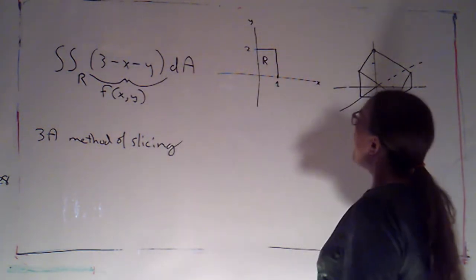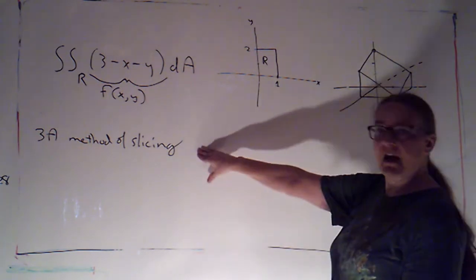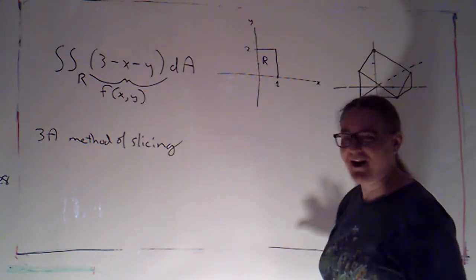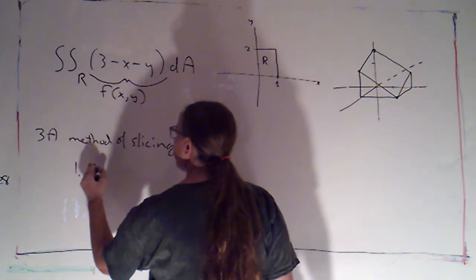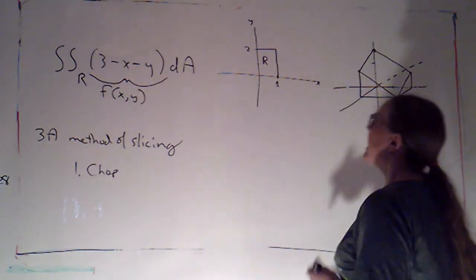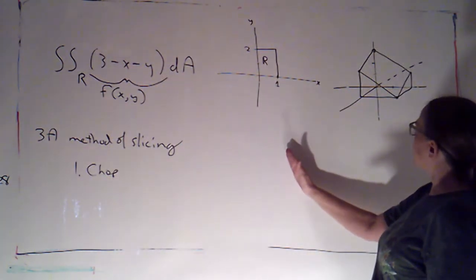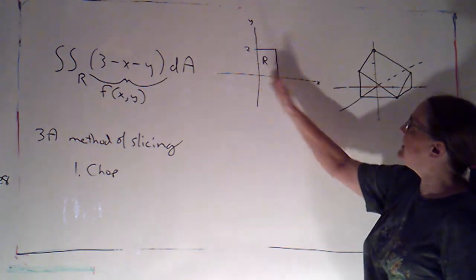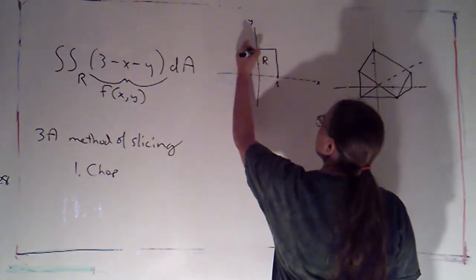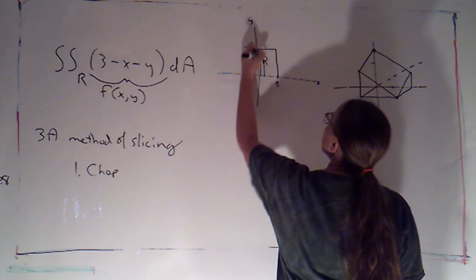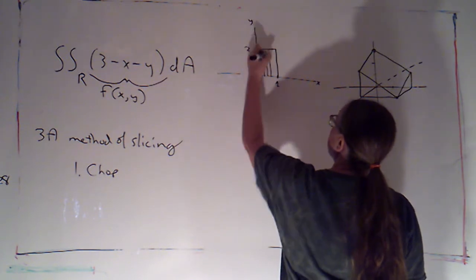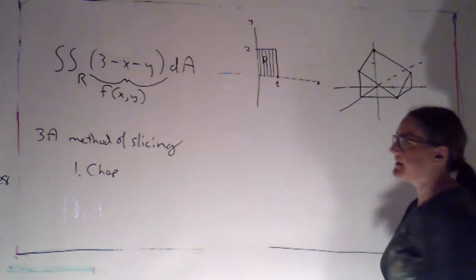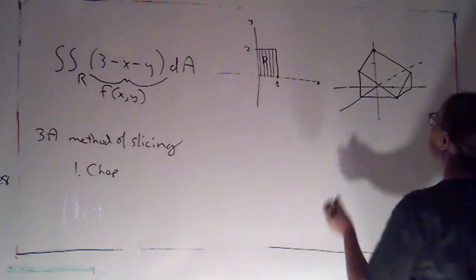Okay. All right, so when we're slicing, we're going through our 4-step process. We're going to chop. Okay. And I'm going to choose to chop this by chopping the things into vertical slices. So I'm going to chop my x interval from 0 to 1 into little pieces like so. Okay.